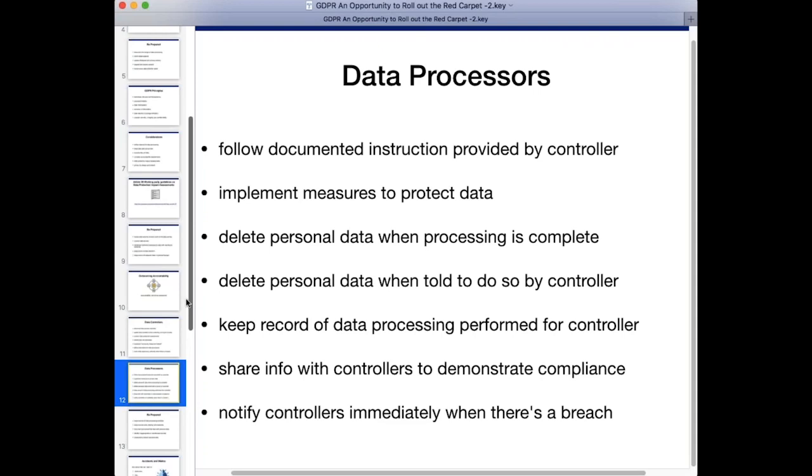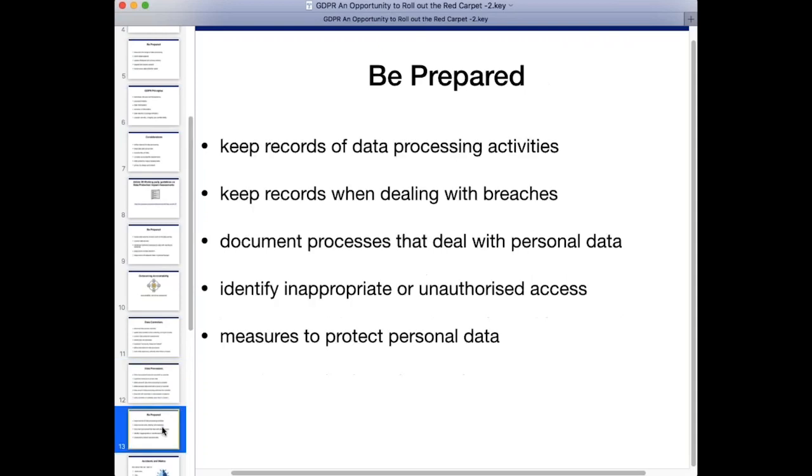So what's required of controllers and processors? Preparing. Any organization that outsources data processing to a third party will have to update contracts and instruction manuals and data transfer processes to reflect and meet the new accountability requirements. New contracts should incorporate GDPR requirements.